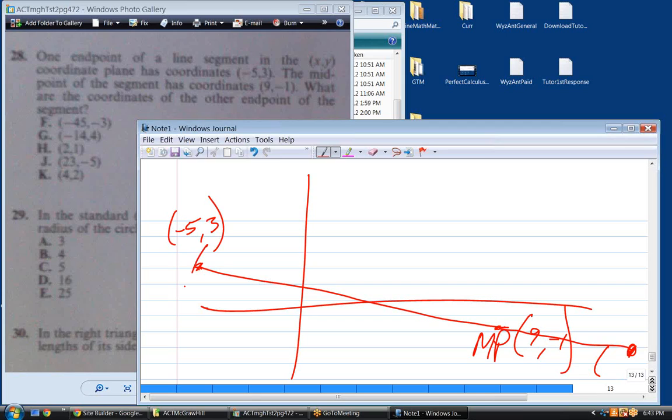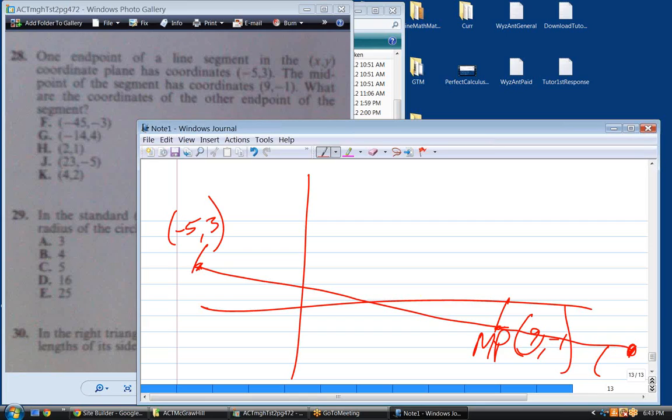Knowing that this distance is halfway, and all you have to do is find the x-coordinate, we also know that this 9 is halfway between whatever my coordinate is and -5. So what did we do last time?